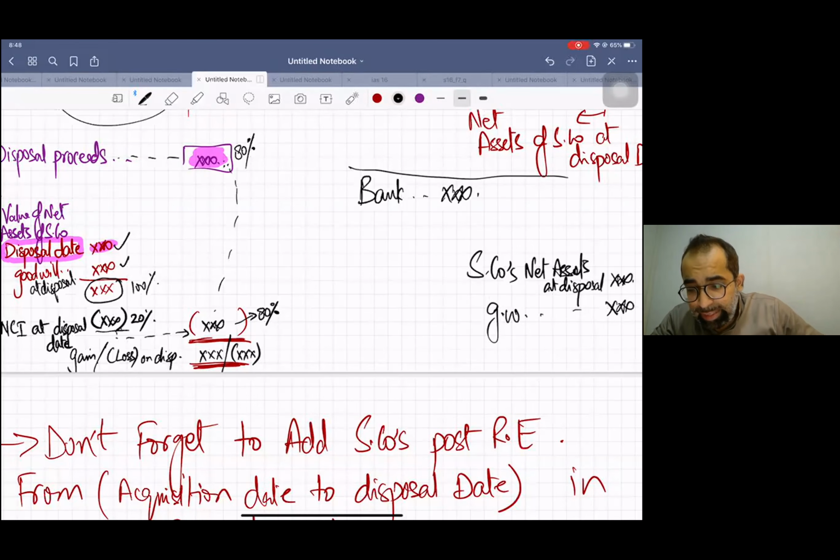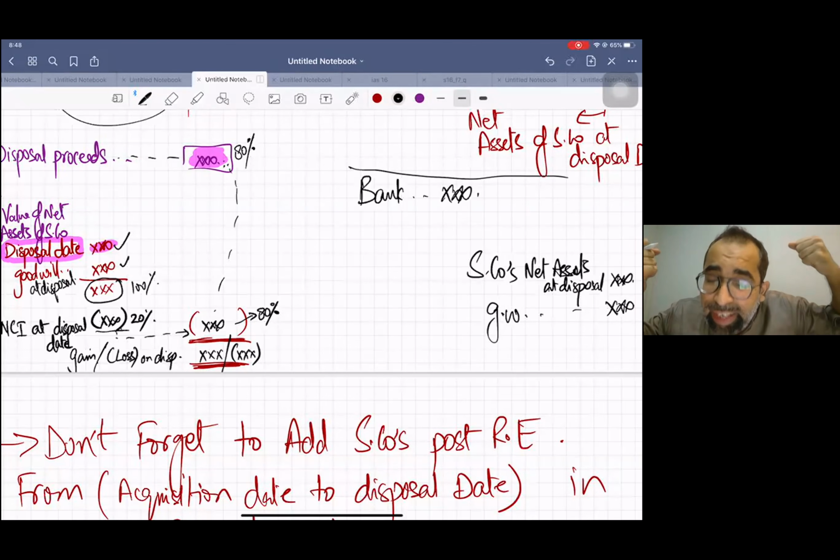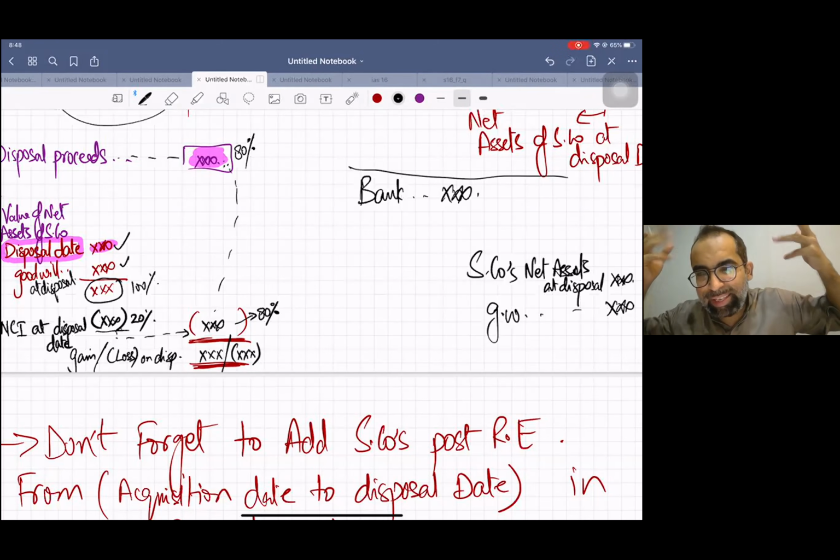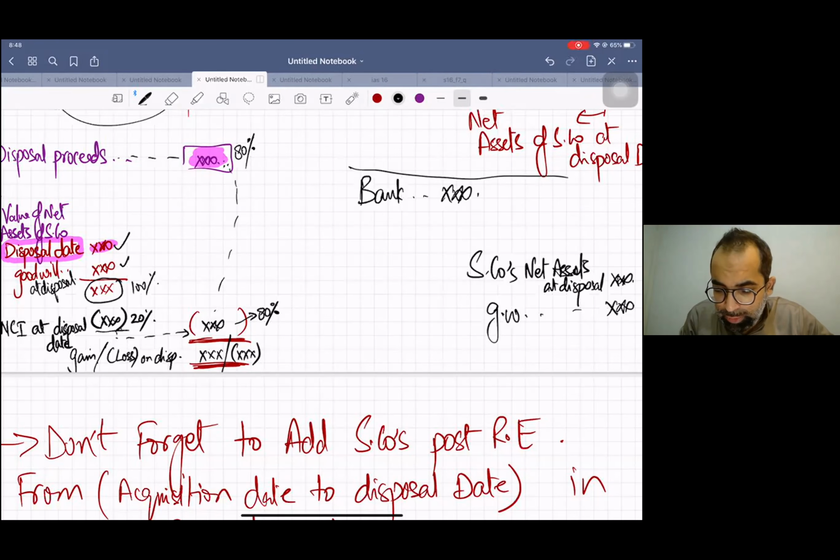Now, as we have broken the building, that's the end of NCI as well. No more NCI will be recorded in our books because this is the end of consolidation. This is not the birth of consolidation, this is the death of consolidation. The nature of NCI is equity, so when you remove NCI, it will go on the debit side.